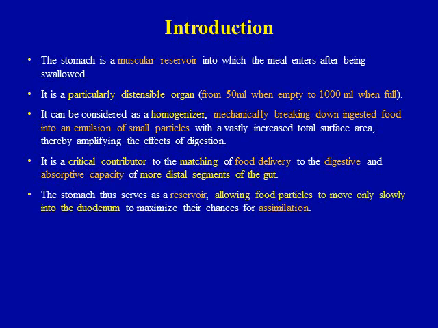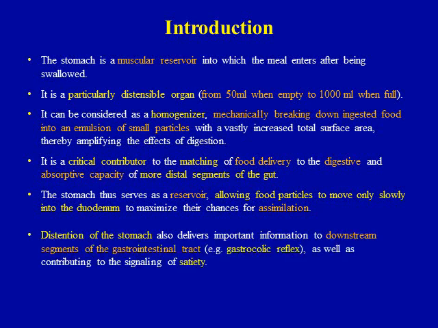The stomach thus serves as a reservoir, allowing food particles to move only slowly into the duodenum to maximize their chances for assimilation, and we mean the completion of digestion and then absorption.